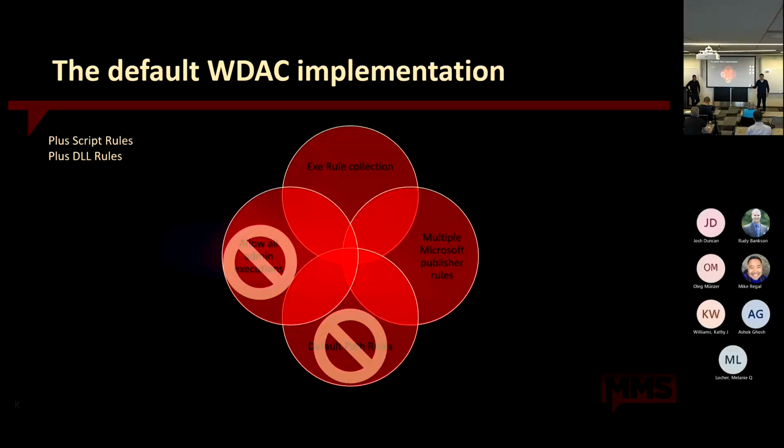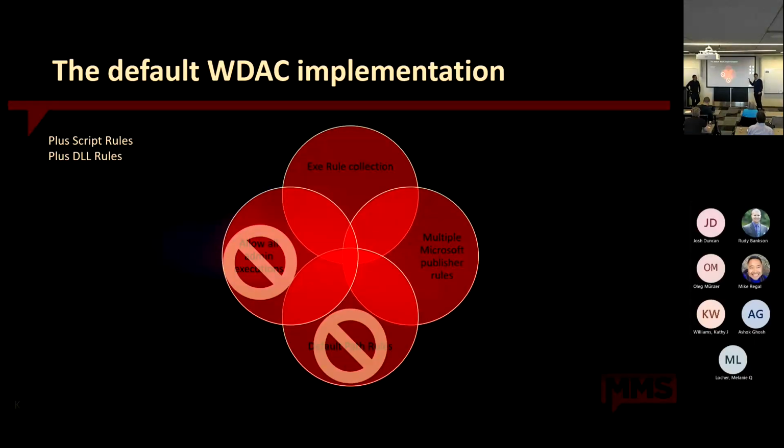Who executes the application should not have any relevant impact on that decision. Either it's a decent application or it's not a decent application. An application does not behave differently for different people. So that's our default WDAC implementation.